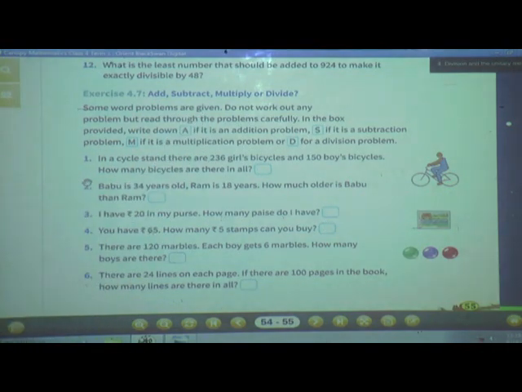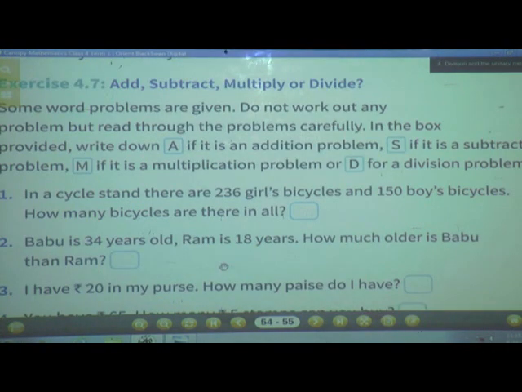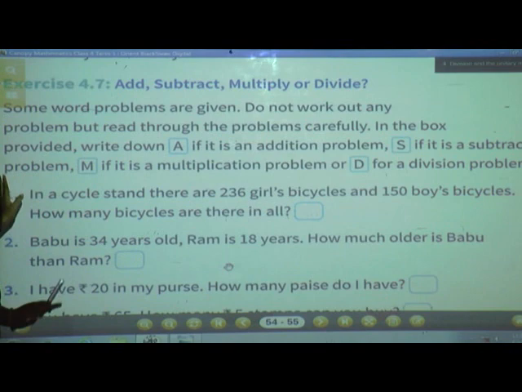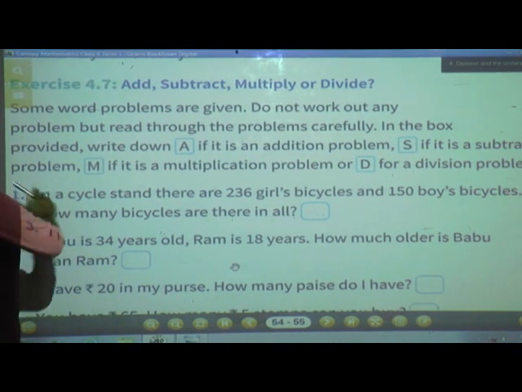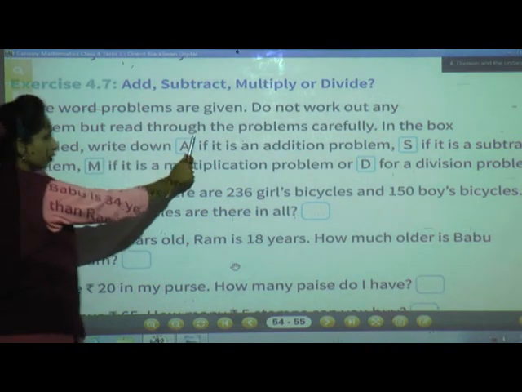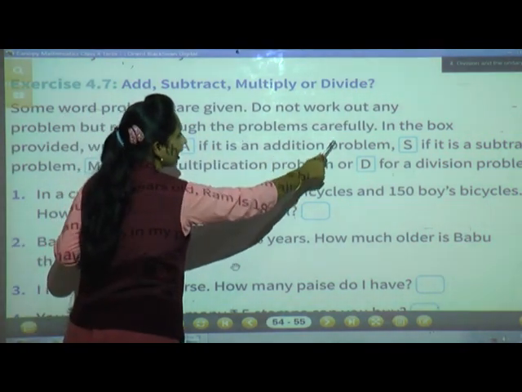Do not work out any problem. They said don't do anything. Work out means addition, subtraction, which you don't do. Then what do we have to do? But read through the problems carefully.